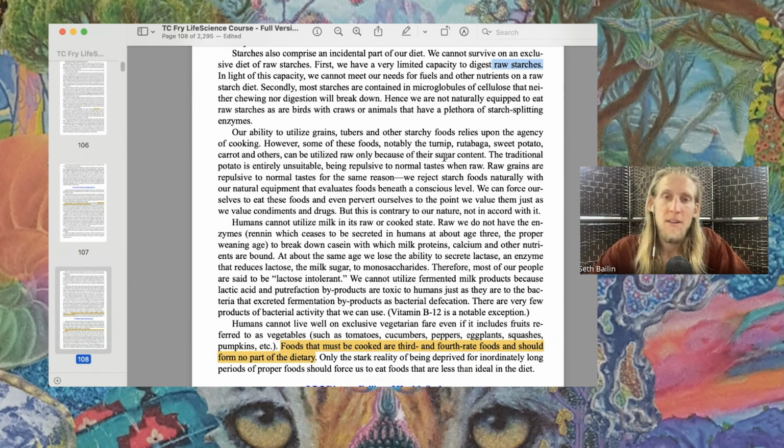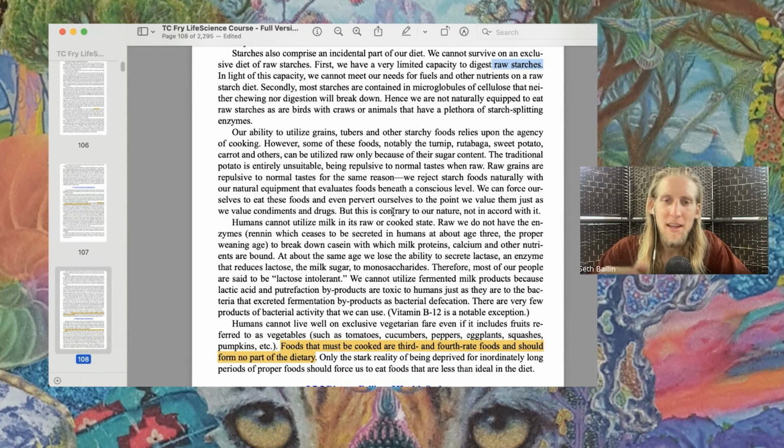It's in the saliva. And you can tell when you start chewing up a cooked potato or something starchy, a piece of bread or some rice, and you just keep chewing, you'll notice it gets sweet. So those starches are starting to break down into simpler carbohydrates. While we can digest starches, some of them, grains and tubers, they require cooking and they're generally repulsive raw.